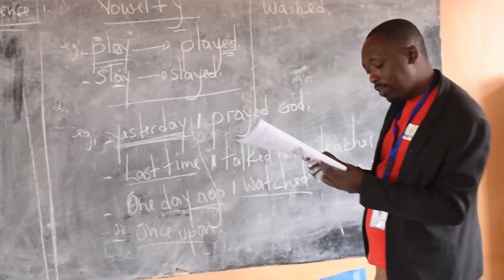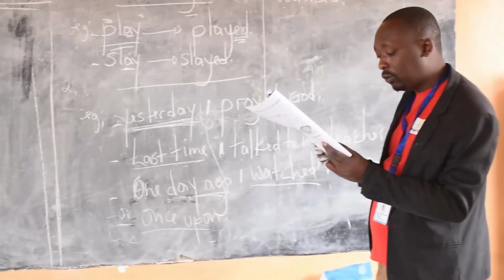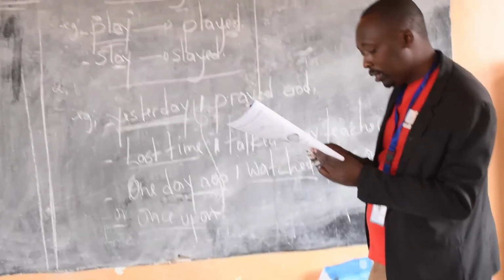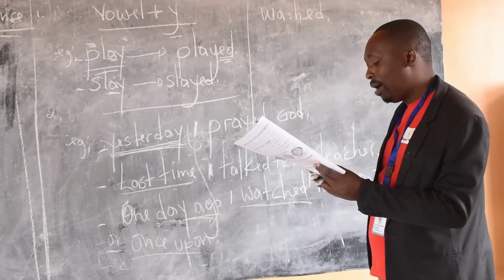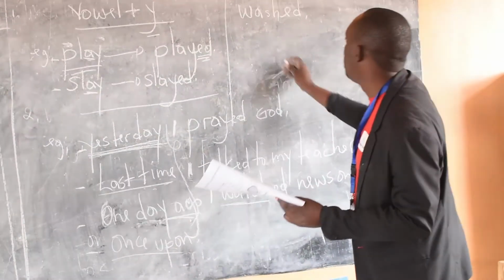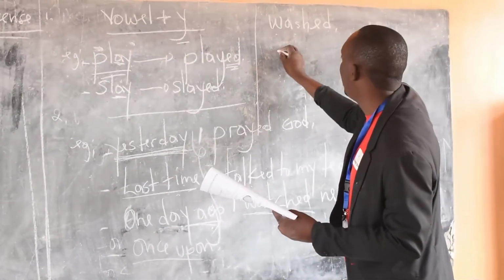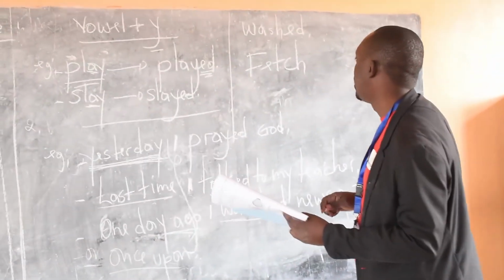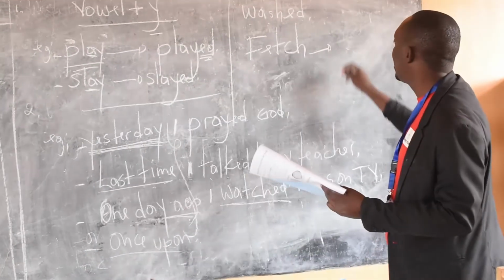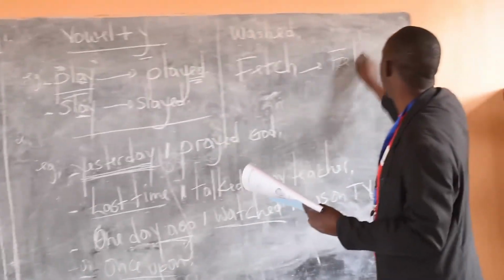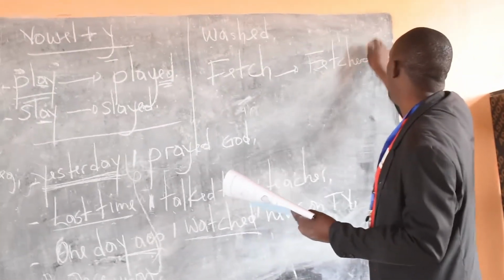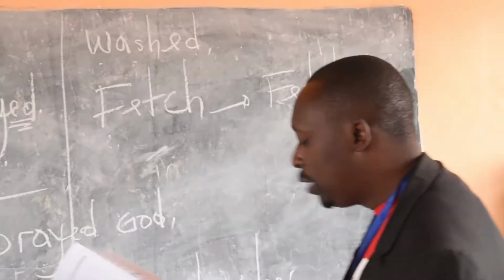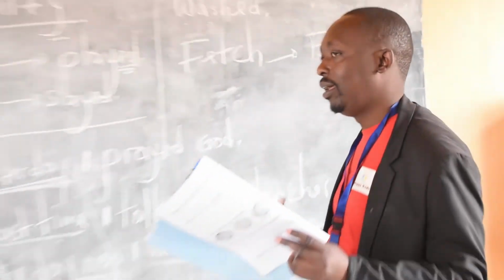Okay. So on this page, the question is 32. Says, we water last evening. The verb you have is fetch. Fetch. Even this verb will take ed. So you will say, we fetched water last evening.